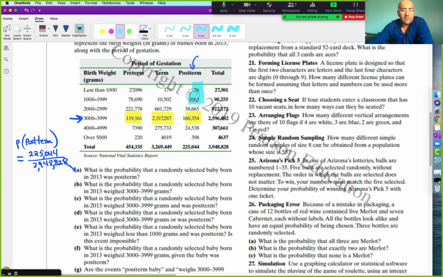So these babies, these babies, and these. All of these were also post-term. So if I just add all of these numbers, that'll give me all the babies that qualify under one or the other statement. And then I divide that by my total number of babies, and that'll give me my answer.